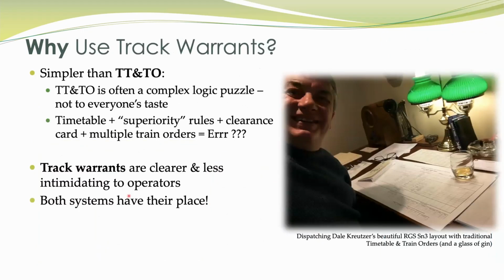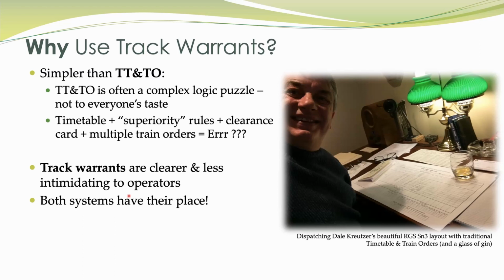So my enthusiasm for these is it's a little bit simpler than, well, it is simpler than timetable and train order operation. I mean, we often see that as a fairly hideous logic puzzle, which is fun sometimes, but I have a timetable. Am I on the, oh, I'm not on the timetable.